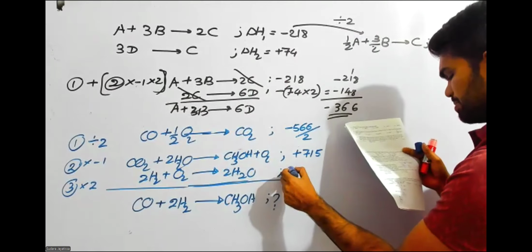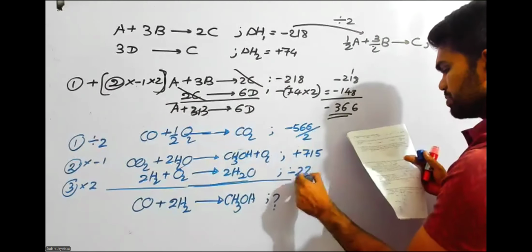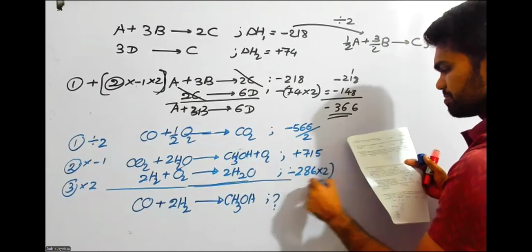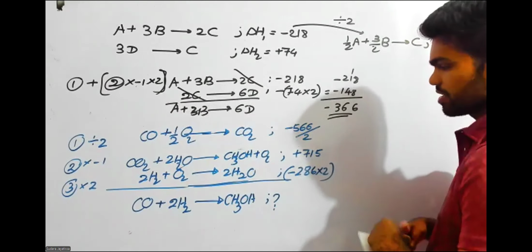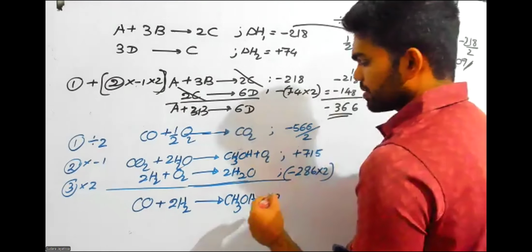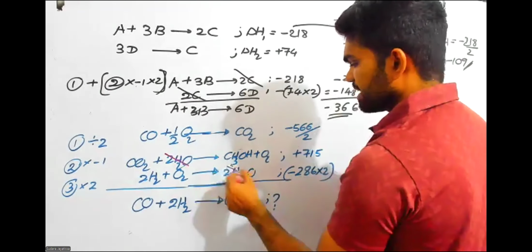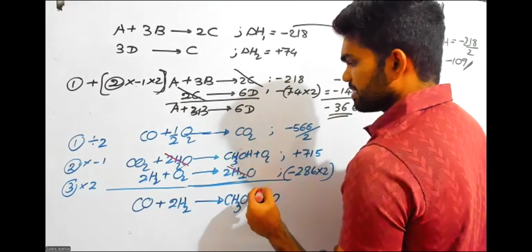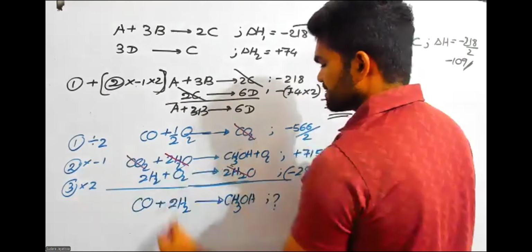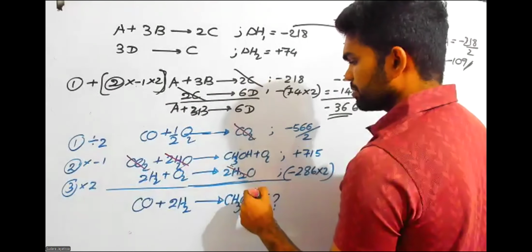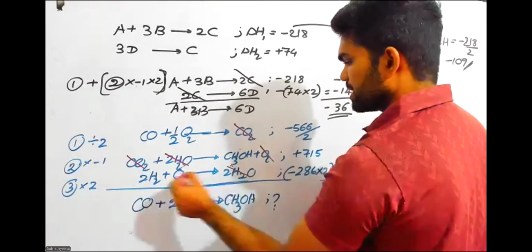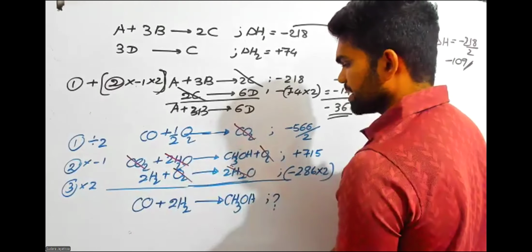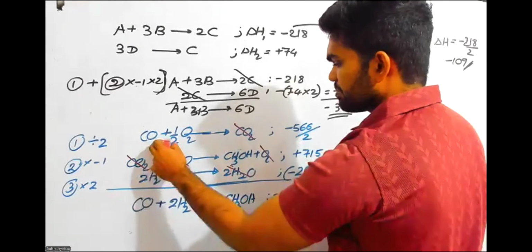Here, wait, we need to multiply this one by 2. No? Minus 286 into 2. Okay, here you can see 2 water will get cancelled and carbon dioxide will get cancelled. This O2 gets cancelled, half O2 will remain, and you have carbon monoxide.